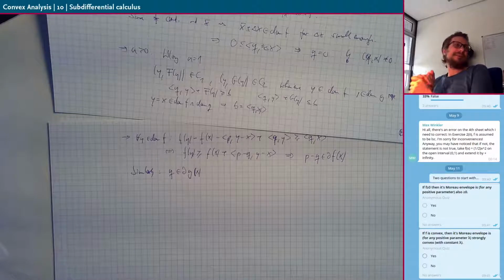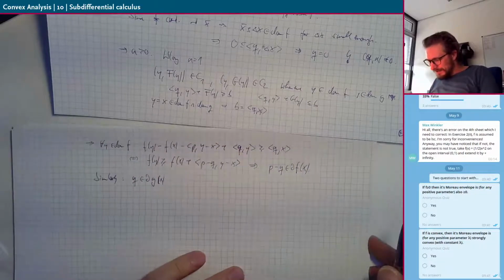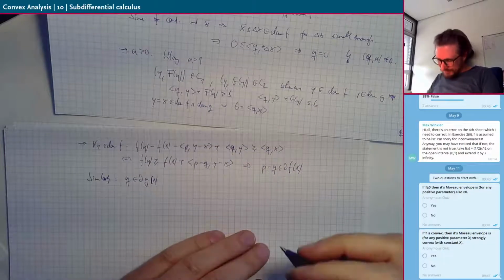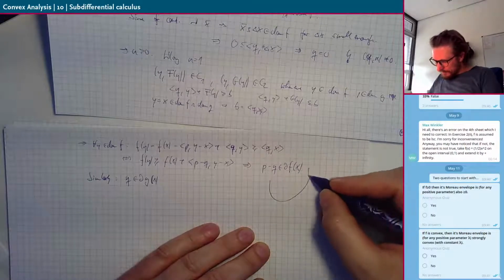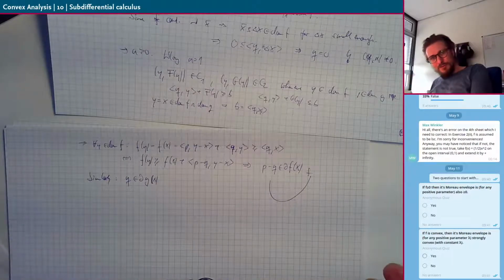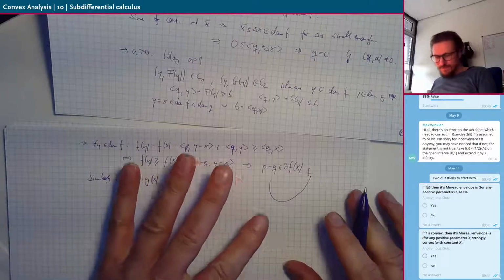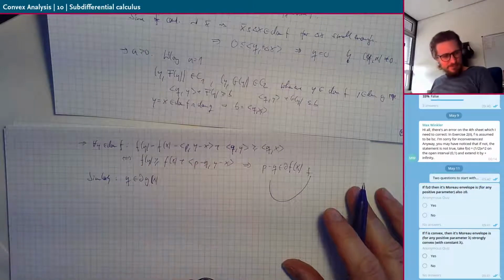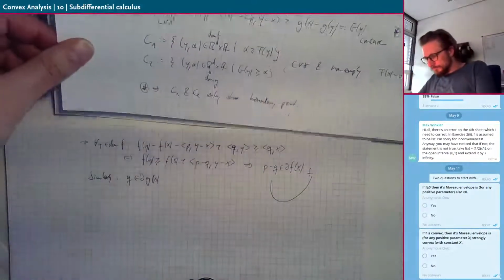One can also paint a picture, so the picture goes roughly like this. The epigraph of f maybe looks like this, and it's difficult if I show you g and then try to sketch f plus g, the picture gets a bit messy, but we may just consider these two sets, C1 and C2.